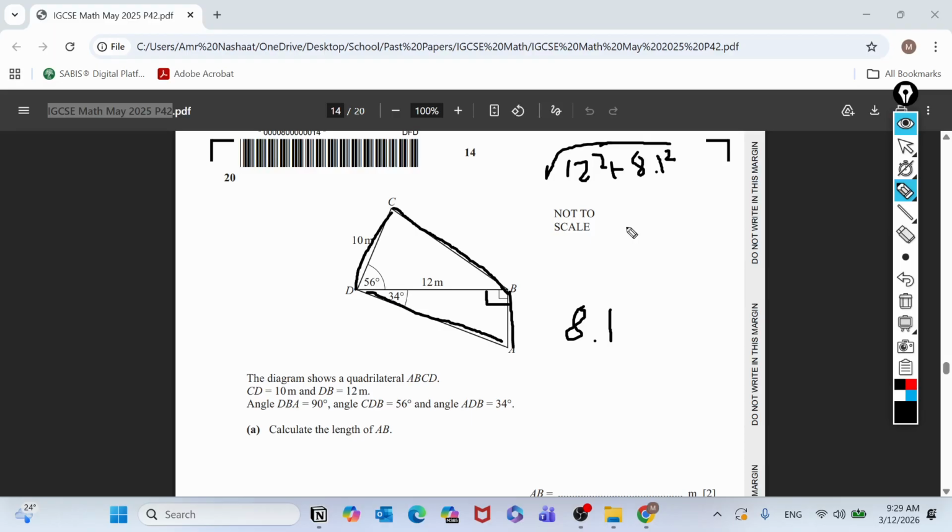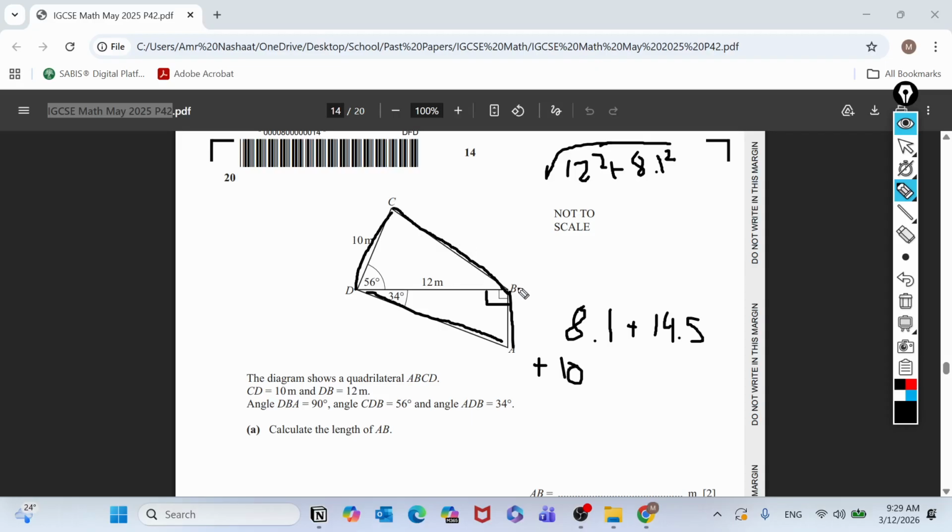You get 14.47. So plus, let's say 14.5, rounded up, plus 10. So now we're on this side, plus 10.